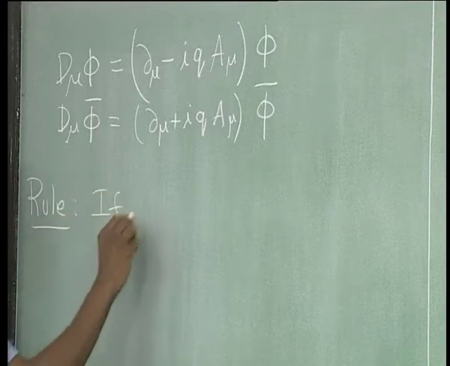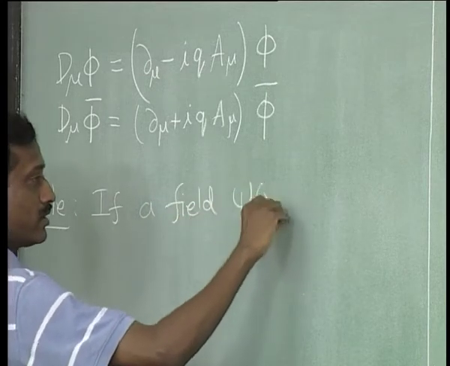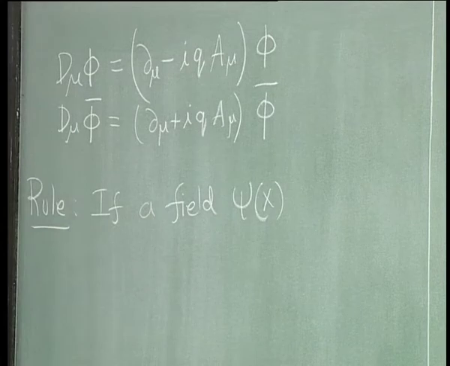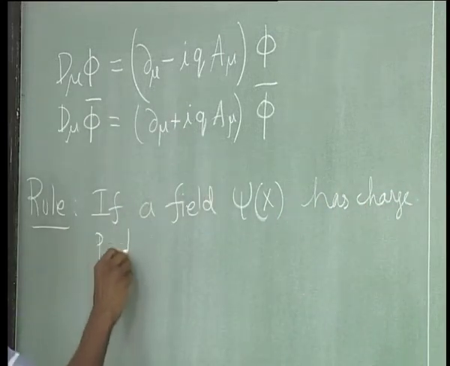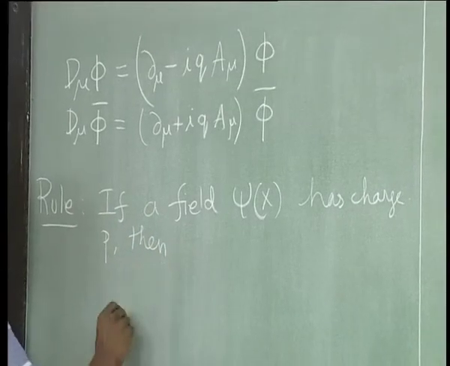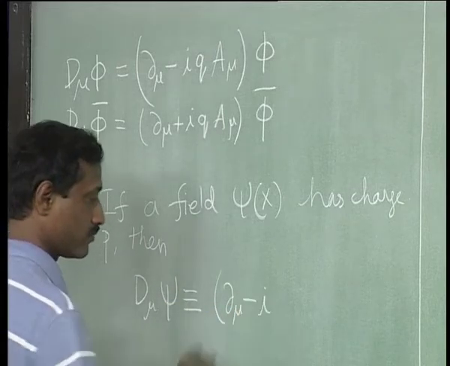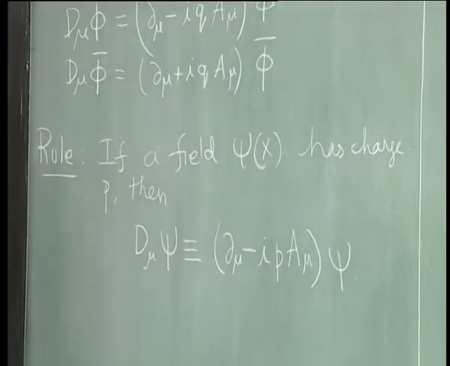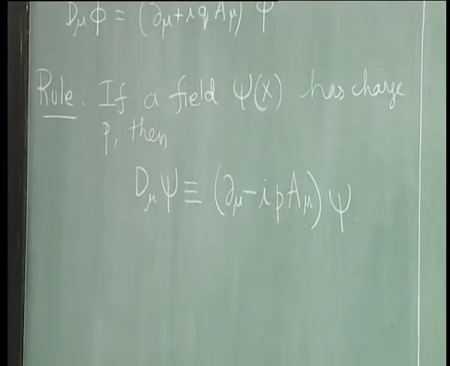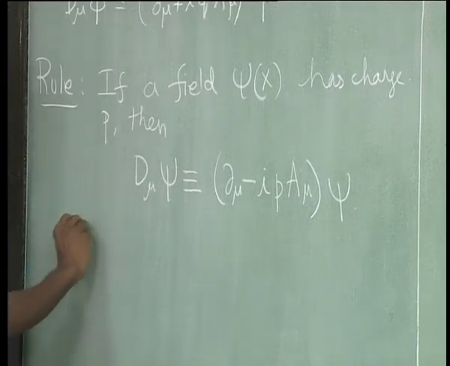If a field psi of x, by that it could be a product of fields, it could be composite, it need not be, it could be phi square, phi cubed, has charge p, then the covariant derivative D mu of psi, which is defined to be... So, we needed to verify two things.